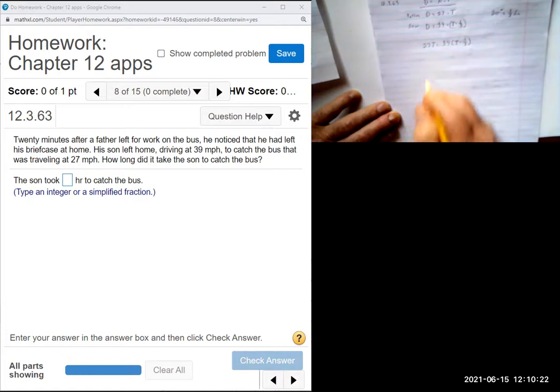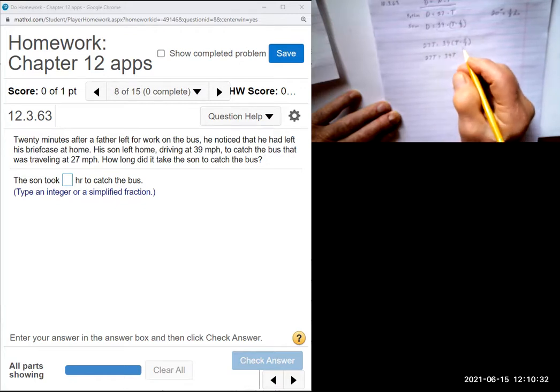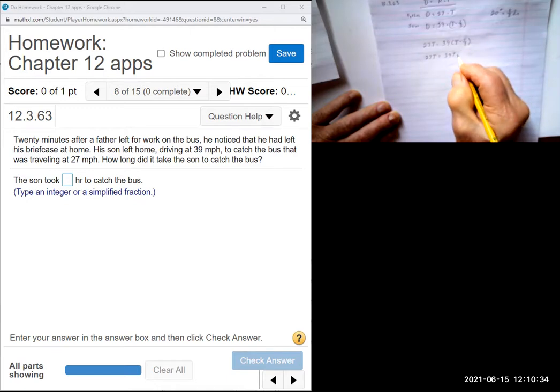Now to solve, I'm going to distribute 39 times t. 39 times a third, I'm going to divide 39 by 3, so I'm going to come up with negative 13. I now want to isolate terms.